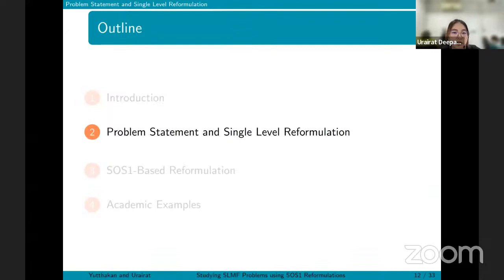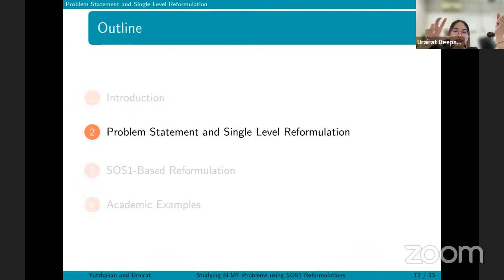In this work, we are studying the paper of Axel, right? The goal of this work is to solve the single leader multi-follower problem by using the state of the lower level, in the case where there is only one leader and the followers are multiple.